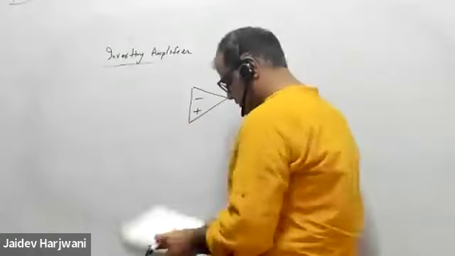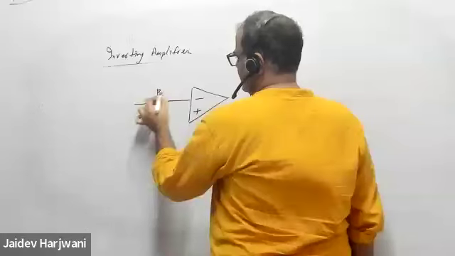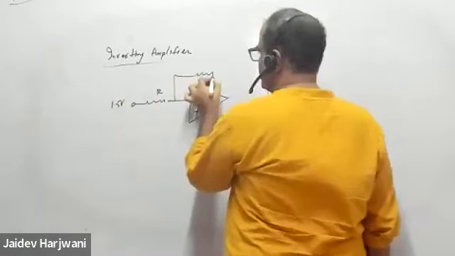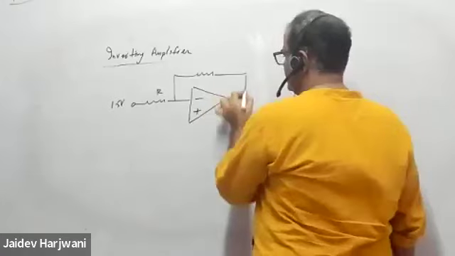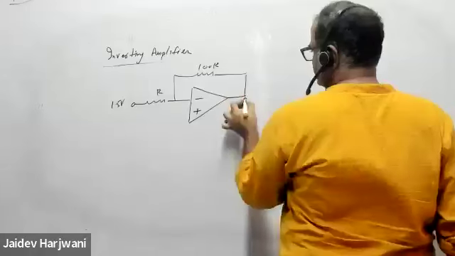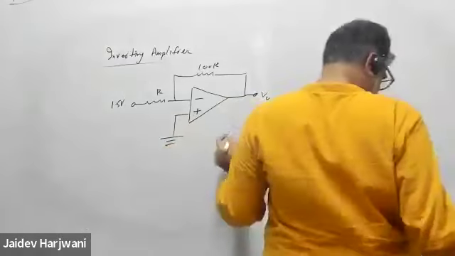Minus, plus. This is R. This is 1.5 volt. Here you have 100R. This is grounded.